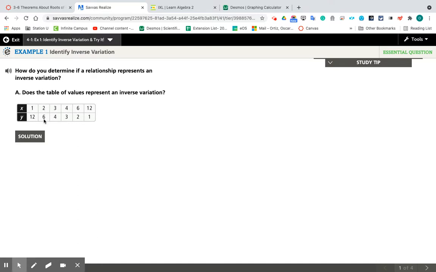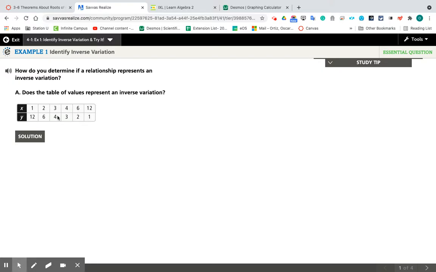The corresponding value for y is half of the value that we had before. So as we multiply the x value by 2, the y value is being divided by the same number. So we say that x and y vary inversely with respect to each other.